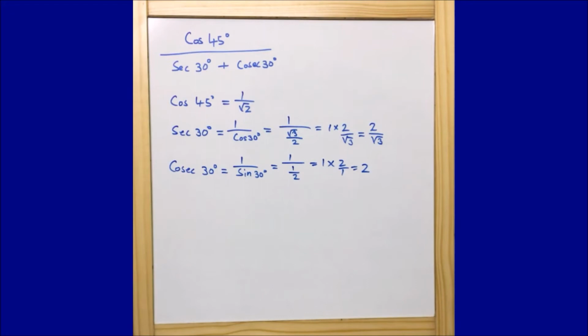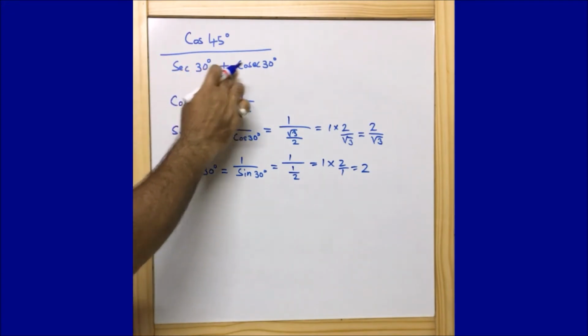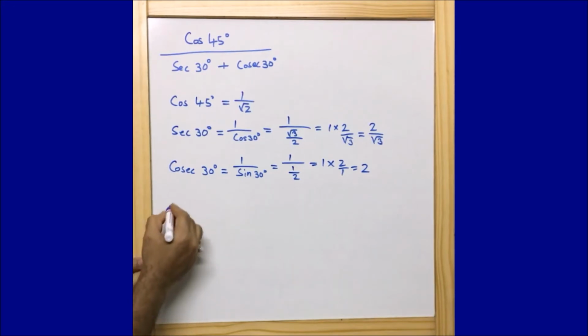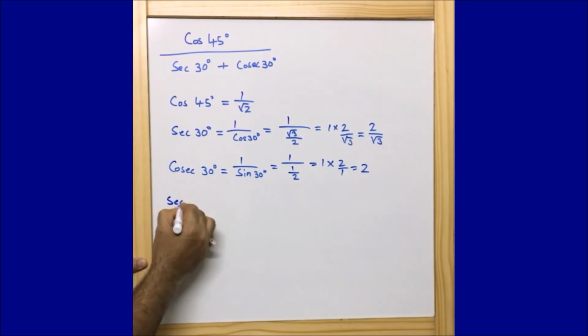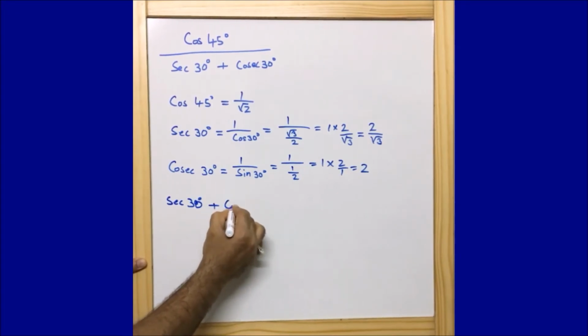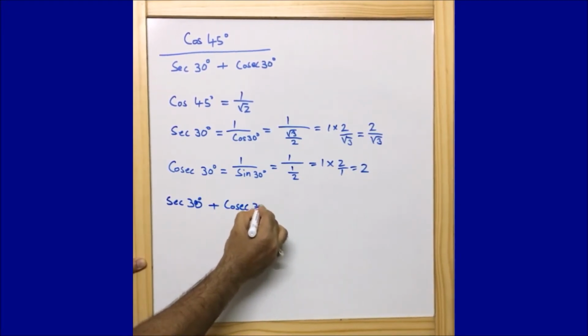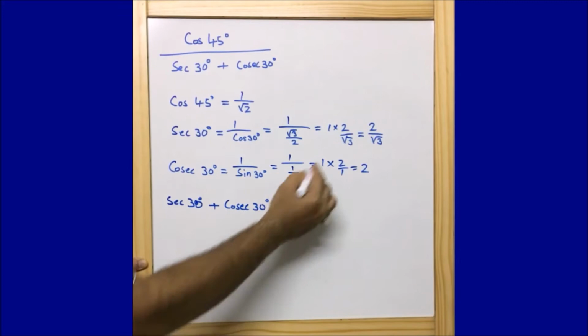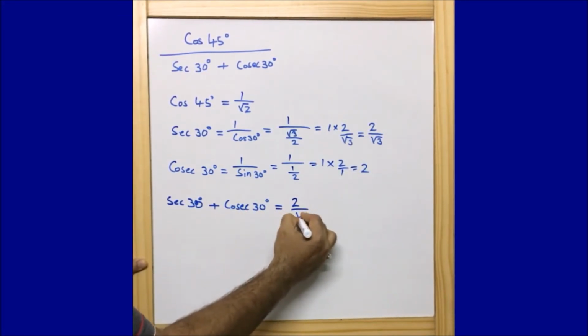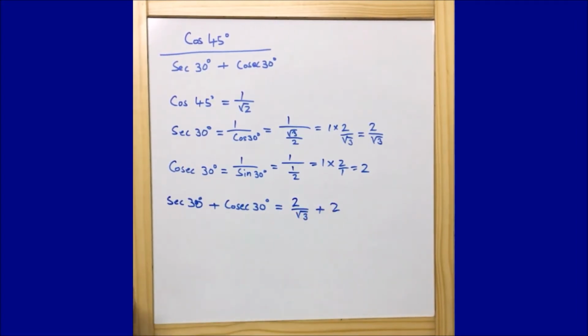But before that, let us do one thing. Here it is sec 30 degree plus cosec 30 degree. Let us first of all solve this one also. So sec 30 degree plus cosec 30 degree, that is equal to, let us replace these values here. Sec 30 degree is nothing but 2 by root 3 plus cosec 30 degree as 2.